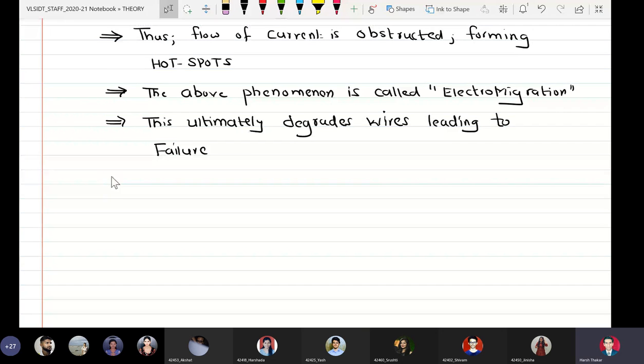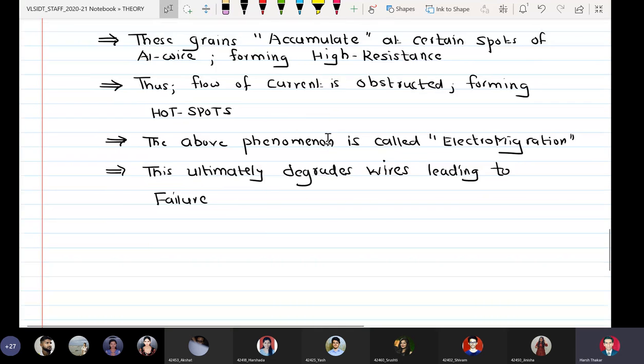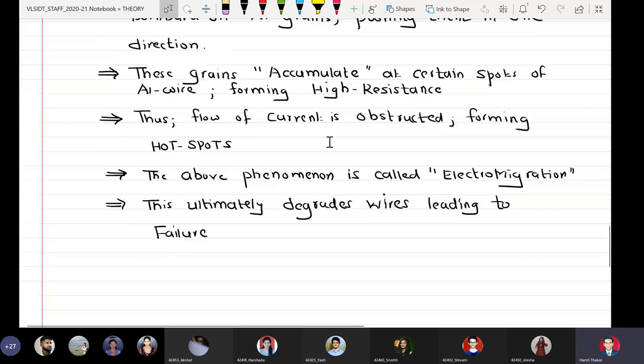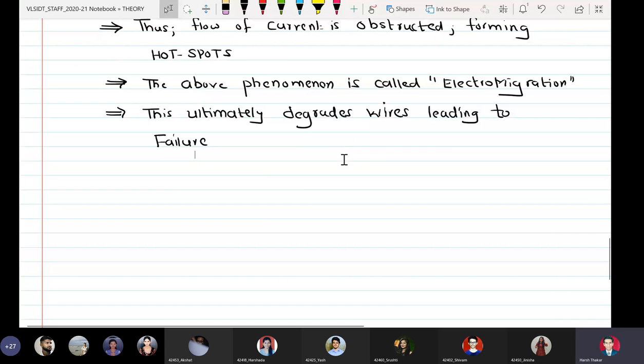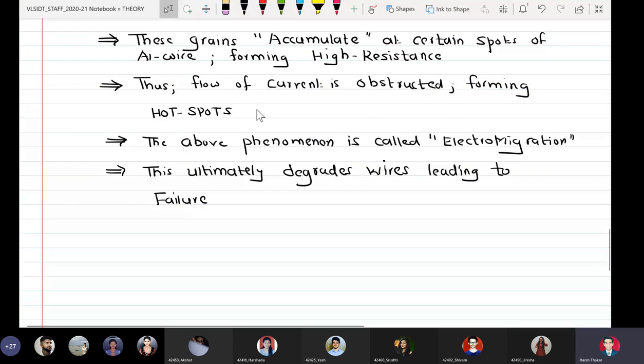Okay, and so basically what happens is that when high resistance is formed, the current density is very high. So we can say high current density.